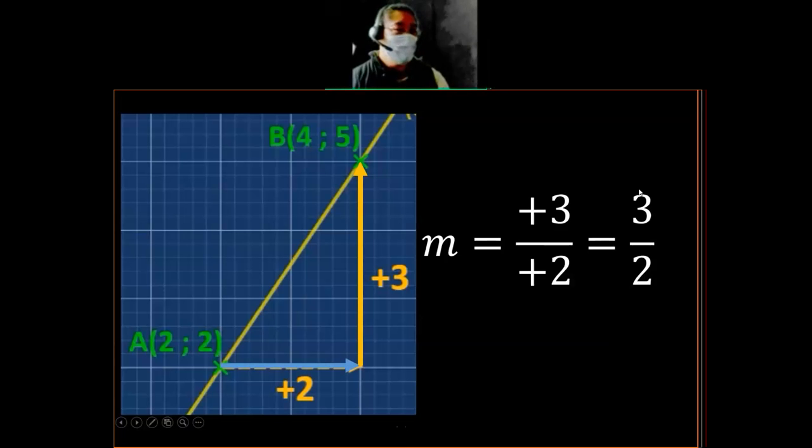If you don't remember how to get an equivalent fraction for 3 over 2, when you have an equivalent, you will multiply or divide by the same amount. So if I wanted to find an equivalent and multiply by the same value, you pick a number easy enough that is on your times table. So let's say I multiply by 5, I will get 15 over 10, and that will be an equivalent fraction, and it will be still the same gradient.